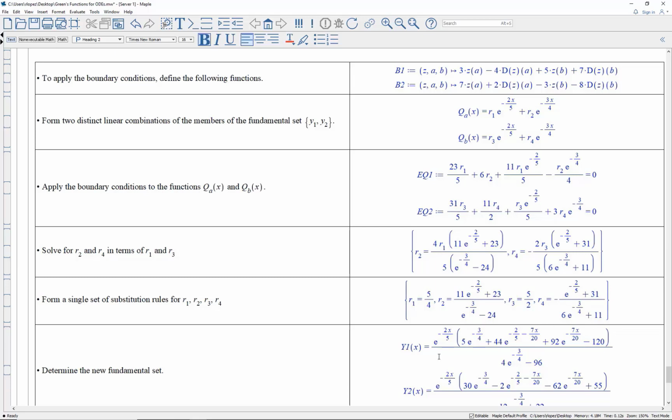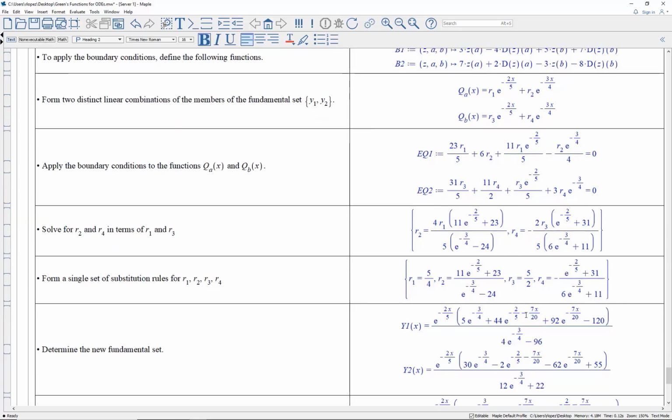That gives us this new fundamental set, Y1, Y2, which are what these two things become when we put in those coefficients R1, R2, R3, and R4.